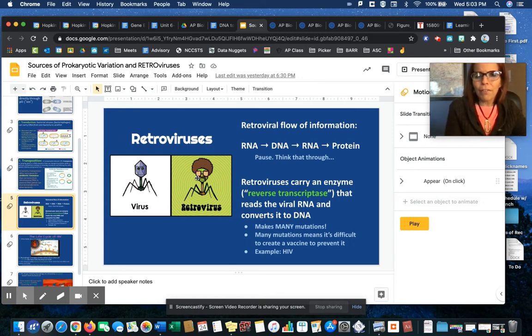So retroviruses, instead of having DNA, they have RNA. And what that means is the RNA is the hereditary information. It's converted into DNA by the enzyme called reverse transcriptase, which is then converted into RNA and then into the protein. The problem for us trying to make vaccines against retroviruses is that reverse transcriptase is so bad at what it does that it's constantly creating mutations.